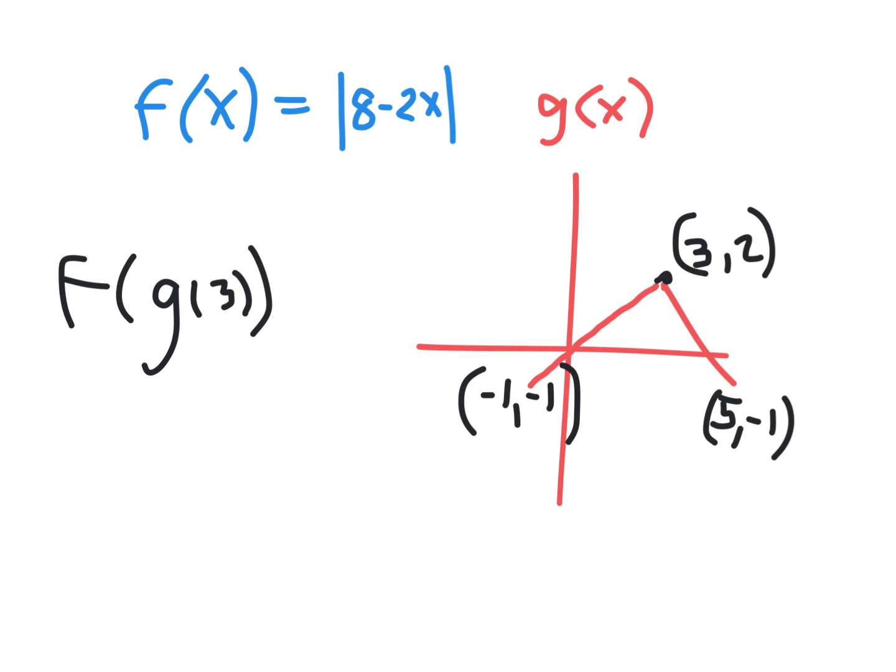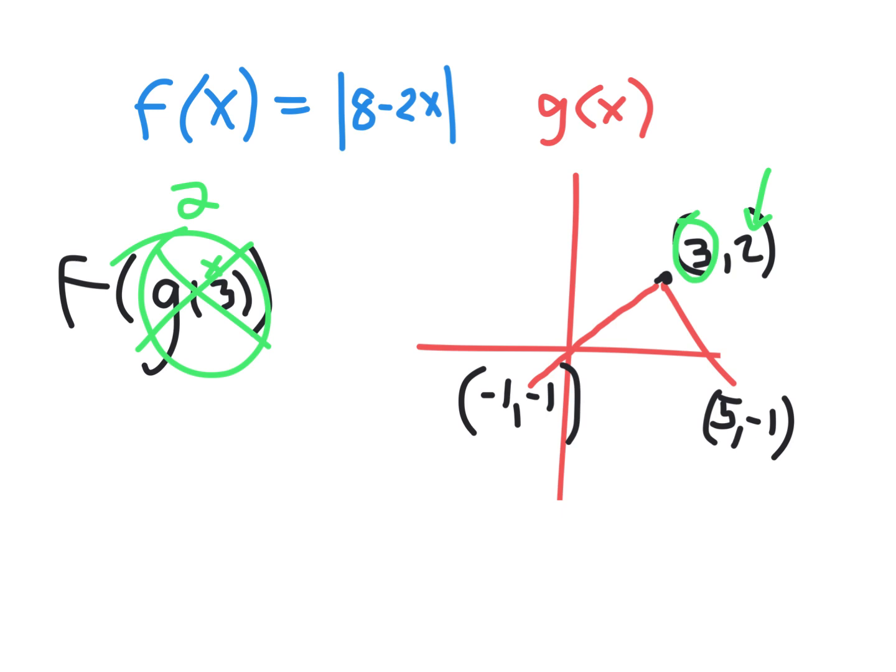Just to make sure you didn't walk too far off the right path, g of 3 was saying that x was 3, and that's in this picture right here, and then the answer to that is just that, which is 2. All of this comes out to 2.